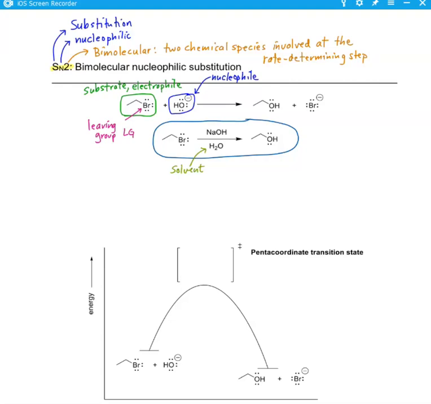Now remember that the nucleophile is something that has electron density that it uses to form a bond to something else, and that something else is the electrophile. So oftentimes the nucleophile, although not always, is going to have a negative charge. So as we can see here, when the nucleophile has a negative charge, that is to say when it's an anion, the way that we get it into solution is in the form of its metal salt.